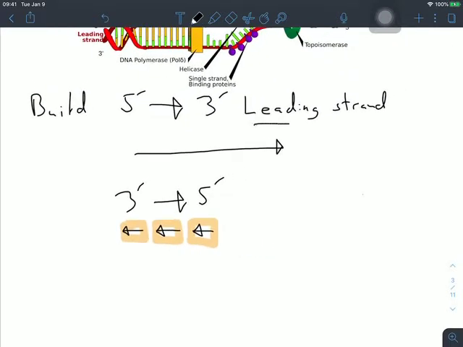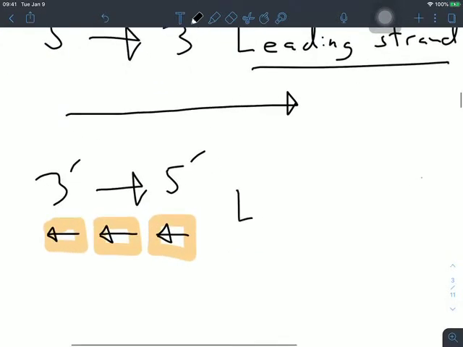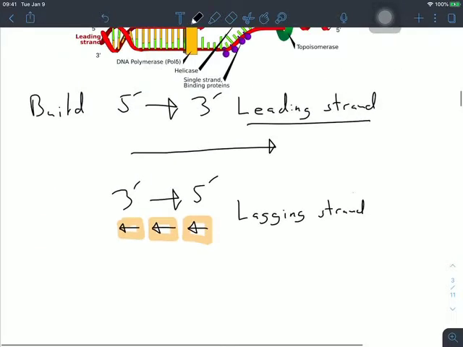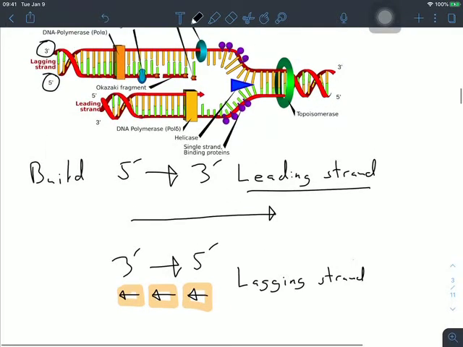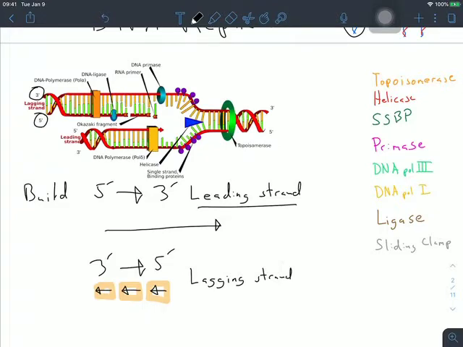This leads us to our leading strand and to our lagging strand. The side that's assembled in pieces is our lagging strand because it takes multiple runs of our copying enzymes in order to actually piece together the entire component.